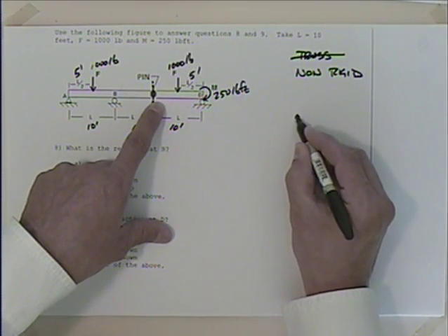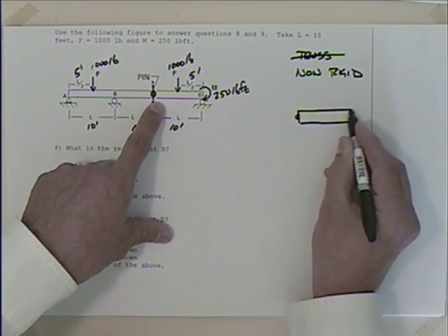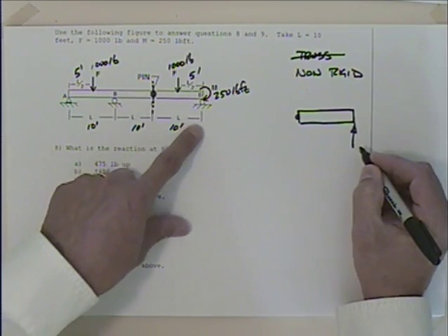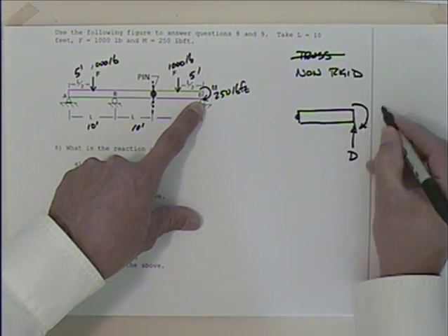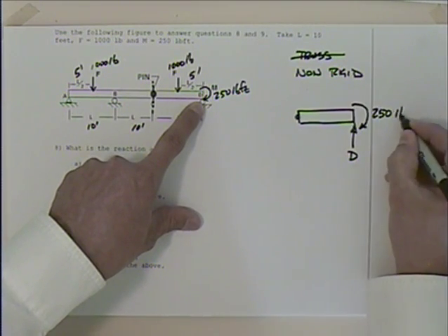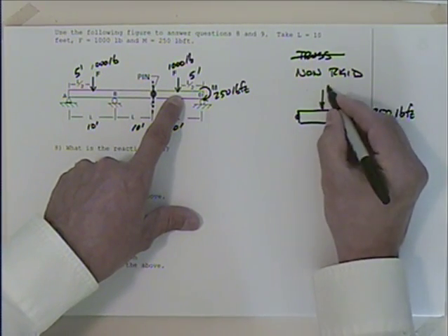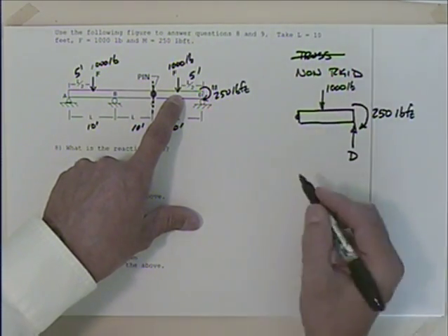So I have this pin here. And on the right-hand side, I have something that looks like this. Over here at point D, I've got that load there. We've got this moment, 250 pound-feet. I've got a load of 1,000 pounds.